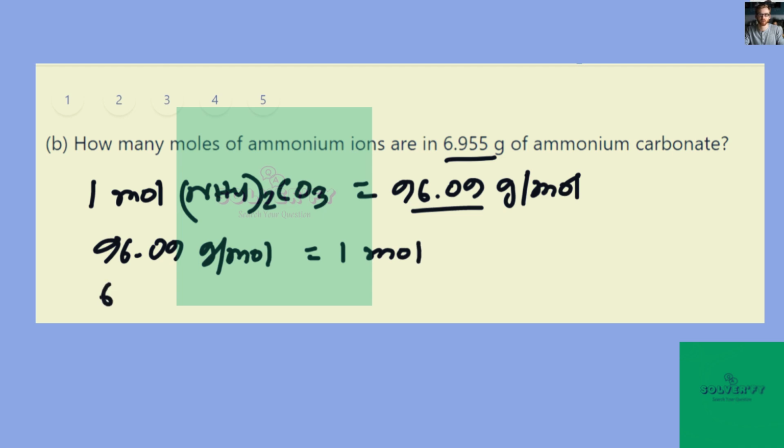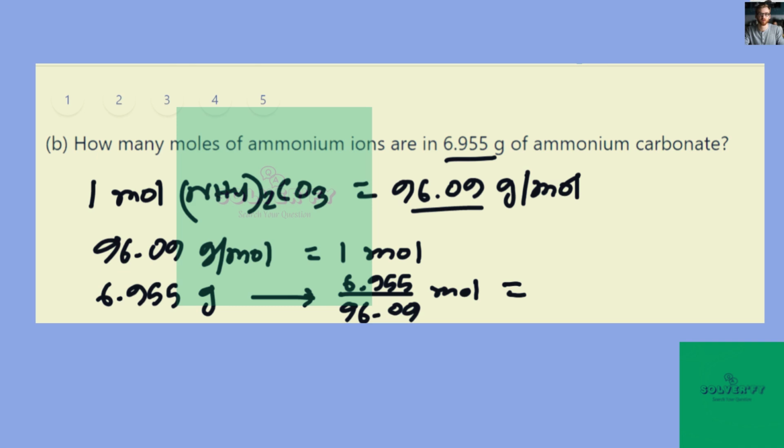That means 6.955 gram is contained in 6.955 over 96.09 mole, which is ultimately 0.072 mole.